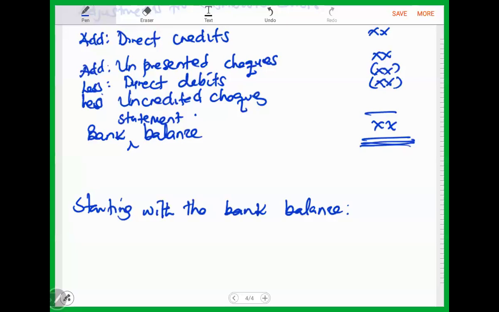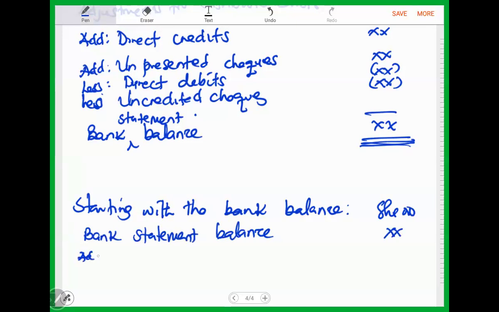So we shall have the bank balance. On this we add uncredited checks.